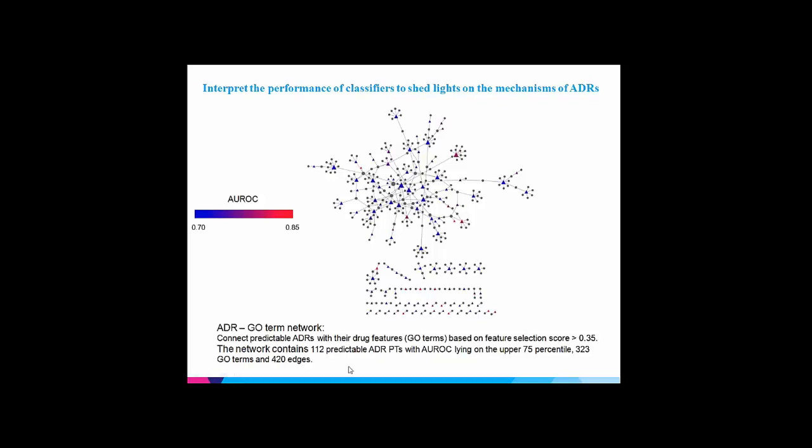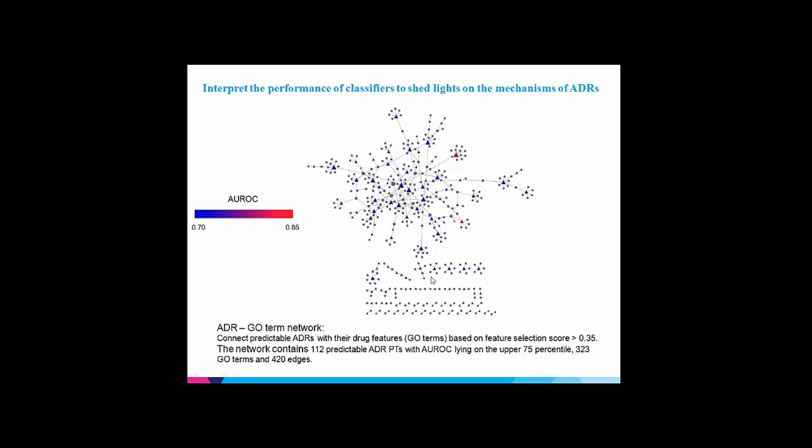So I have shown that the GO terms are very predictive of many ADRs, and by interpreting those predictive models, I can associate GO terms with the ADRs that they are very predictive of, and then I was able to make this network of ADRs and GO terms.